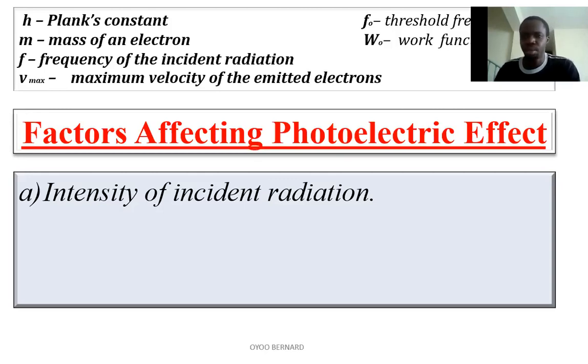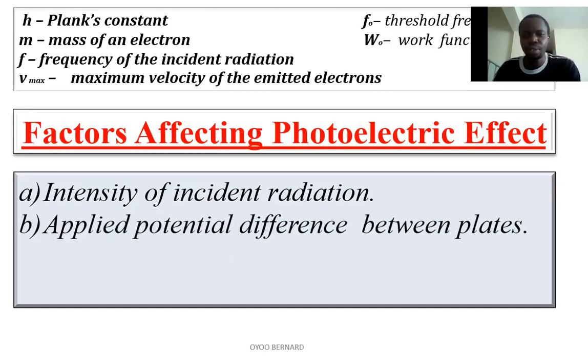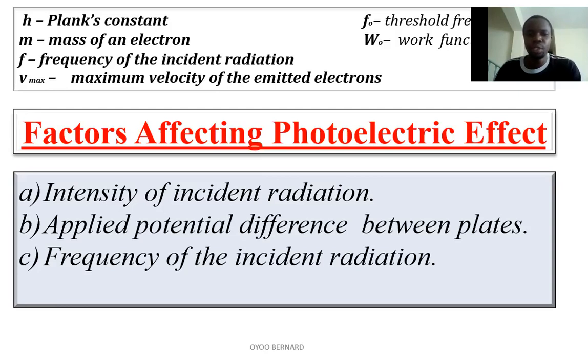You can also simply look at it in terms of the brightness of the radiation. Then the applied potential difference between the plates. Thirdly, we have the frequency of the incident radiation, and then we can also talk of the type of metal.